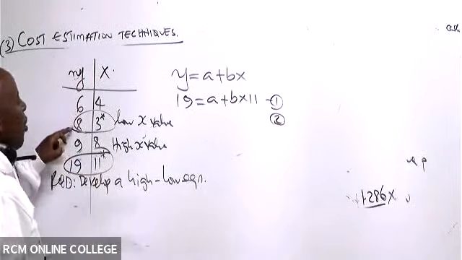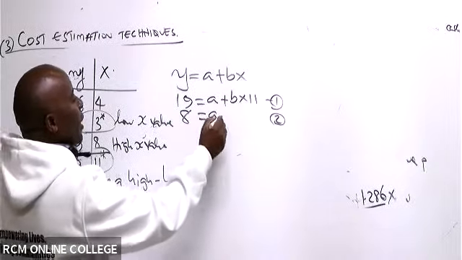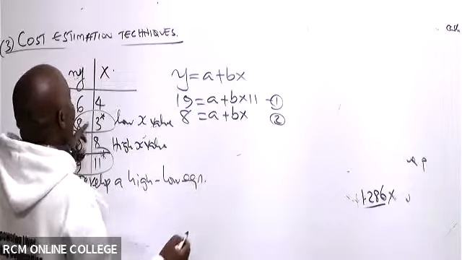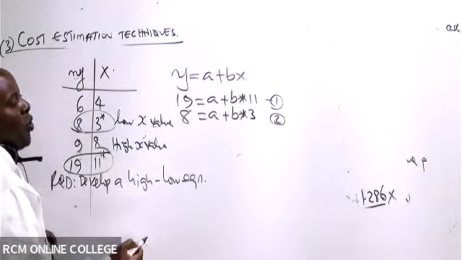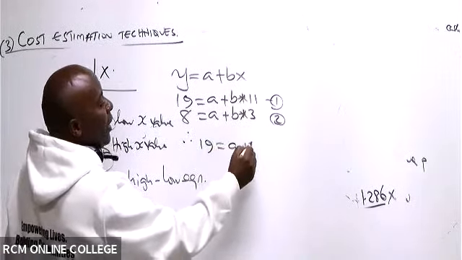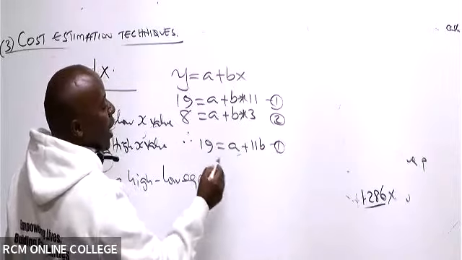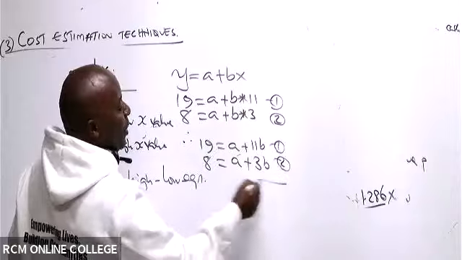Equation number 2, now with the low, y is 8 equals a plus b times 3. Then you simplify this. So this will be 19 equals a plus 11b, equation 1. 8 equals a plus 3b, equation number 2.